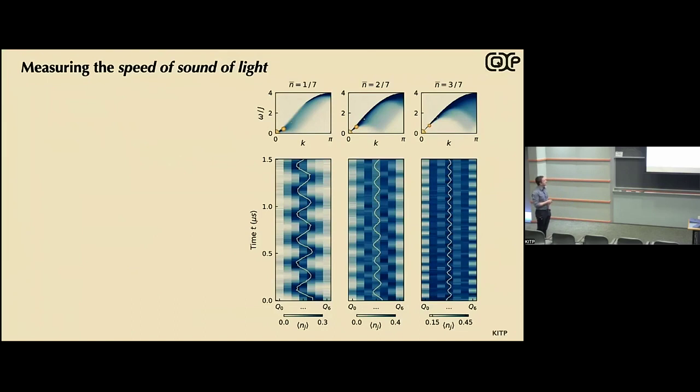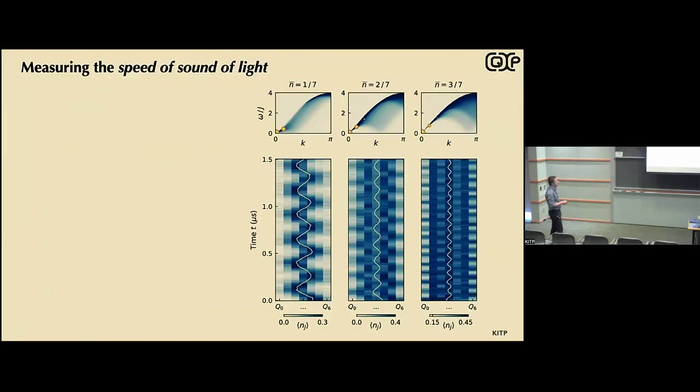So here I'm showing you this experiment for 1 photon, 2 photons, and 3 photons, by melting our fluid into the density perturbation and then letting those phonons propagate in the lattice. And this solid line corresponds to the effective center of mass, and this allows us to probe what the sound velocity is.